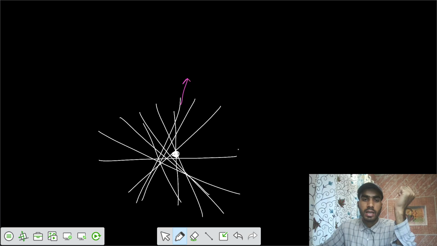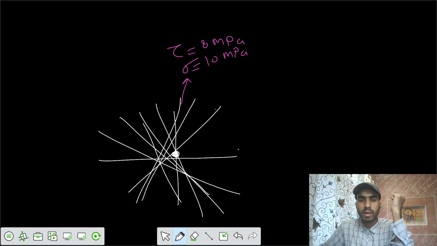Let's say you take one plane. On that plane, sigma is, let's say, 10 megapascal, and tau is, let's say, 8 megapascal. Similarly, you take one more arbitrary plane.